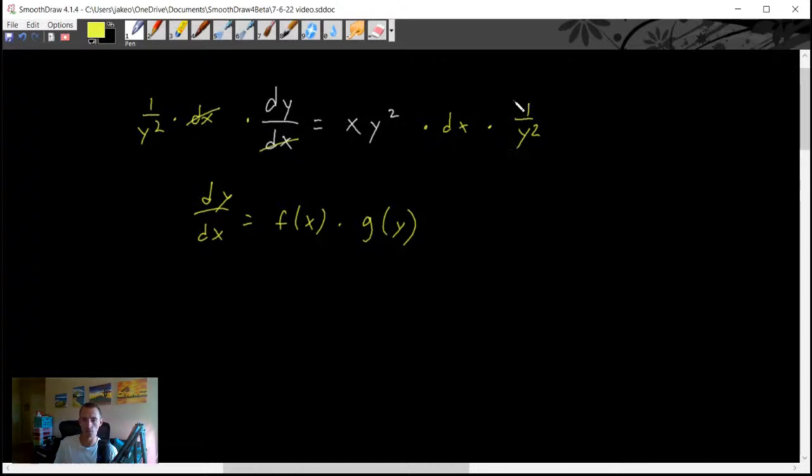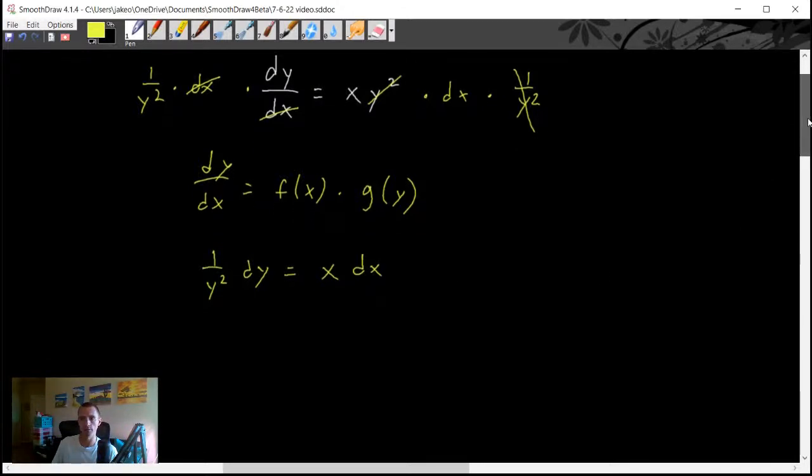It's going to cancel the 1 over y squared with the y squared on the right. So we're just going to be left with 1 over y squared times dy equals x times dx on the right.